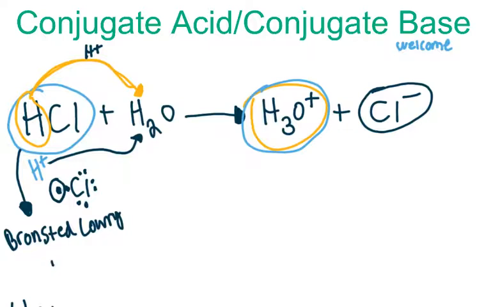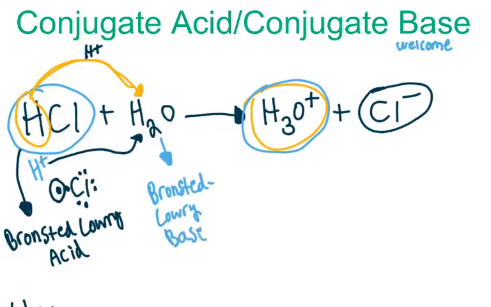Because H2O accepts that hydrogen cation, a compound that accepts a hydrogen cation is called a Bronsted-Lowry base. This was a quick review of our video on Bronsted-Lowry acid and base.